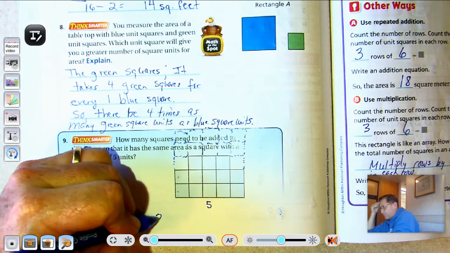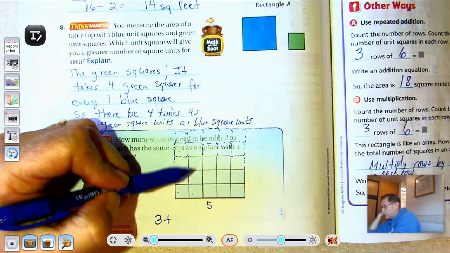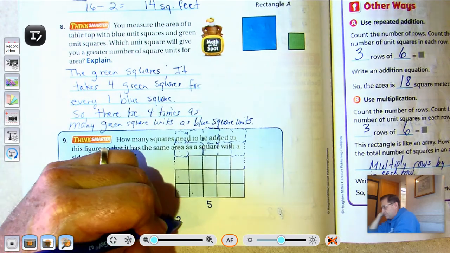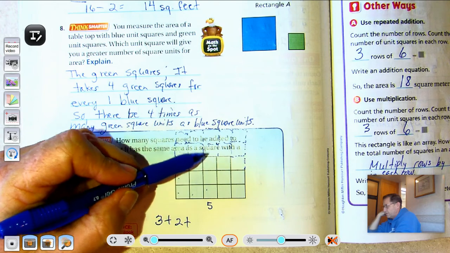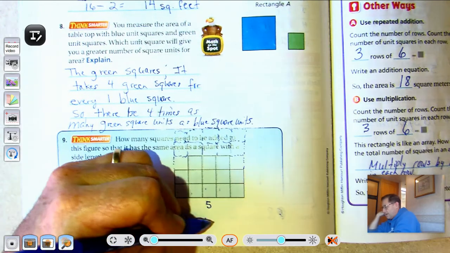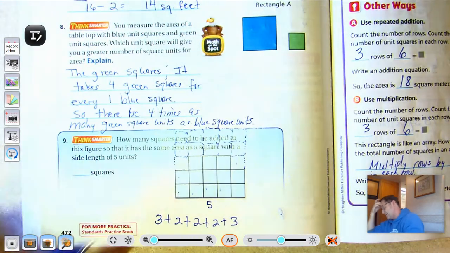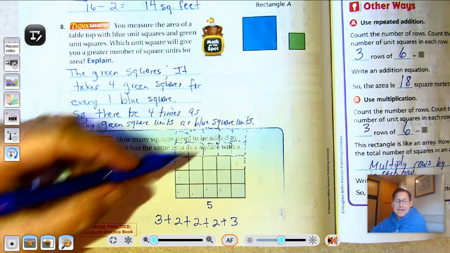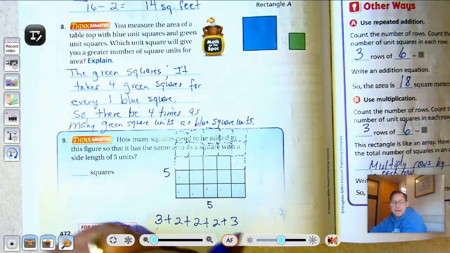So we have to add 3 plus how many in this column? 1, 2, 3, and we had to add 2 more. In this one, 2 more. In the fourth one, we added 2 more. And in the last one, we added 3. So if we want something that has an area of 5 by 5, this is how many we have to add.